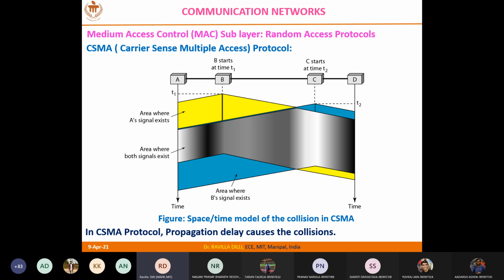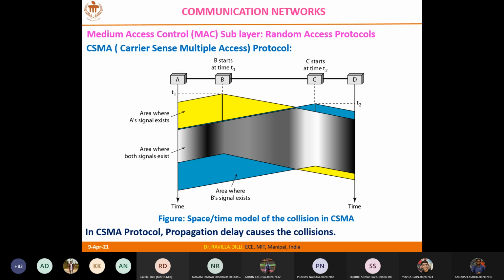Does the channel look engaged with frame B or does it look idle? It looks idle for C, that's why it starts transmitting. Exactly correct. At time instant T2, when node C senses the carrier, it looks idle.